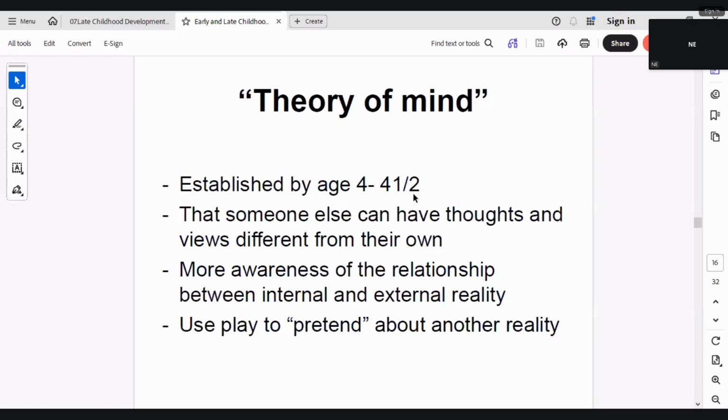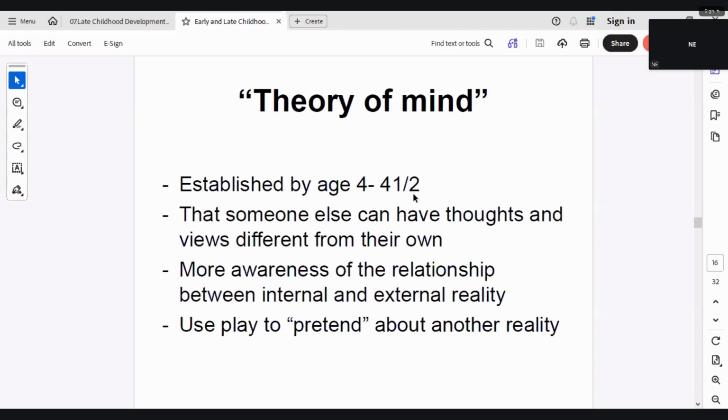And then when they switch, and she asked him again, for him, it had to be that she saw what he saw, because they're not able to understand that other people could have something different from them. And so by age 4.5, they start to have that realization. They start to be more aware of the relationship between internal and external realities.